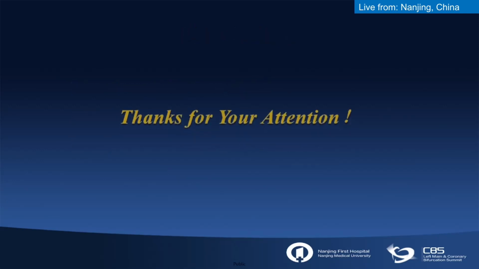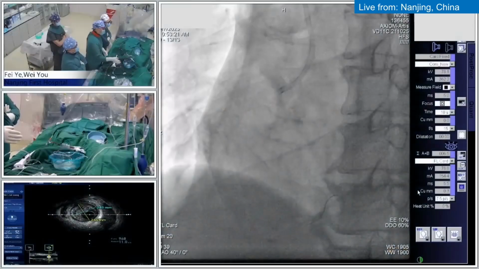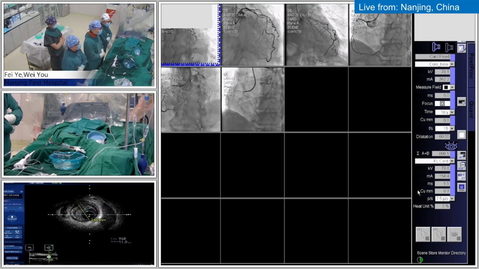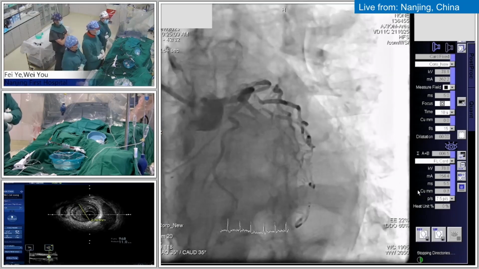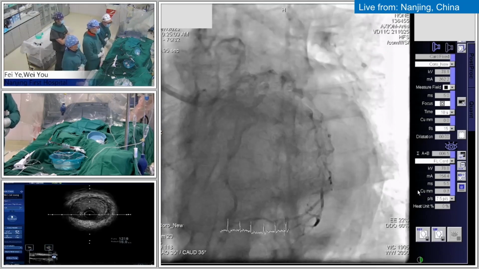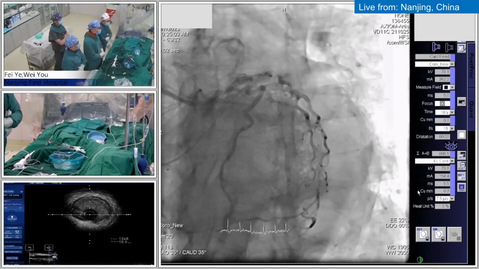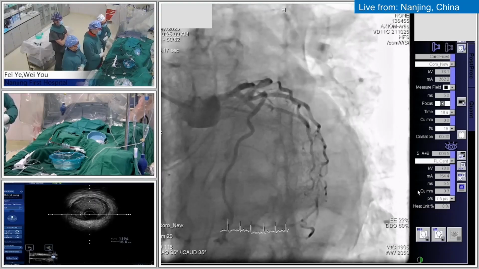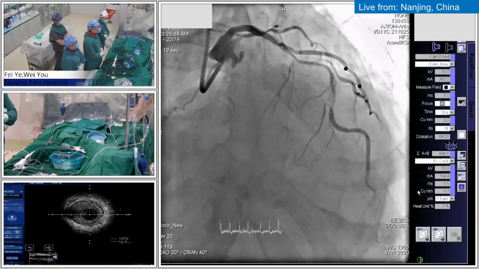Okay, thank you, Dr. Wu. Very clear case introduction. I think I will show you today's coronary angiography. Okay, just give us the first picture. Just consider the patient's very complex conditions. The patient is 83 years old with very bad cardiac function and also has renal function insufficiency. So we just used several pictures to show the patient's coronary anatomy.